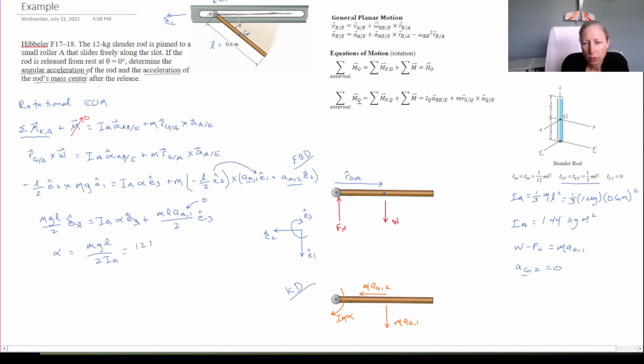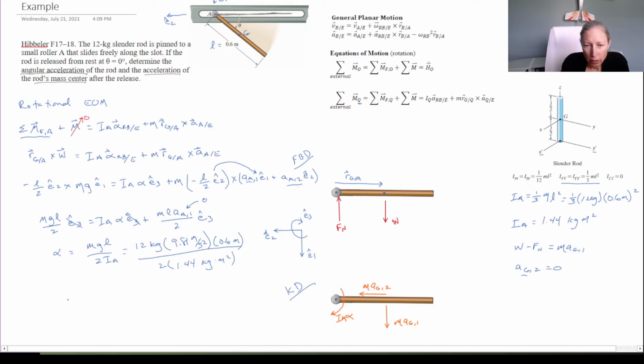So we've got 12 kilograms times 9.81 meters per second squared times L is 0.6 meters divided by 2 times 1.44 kilogram meters squared.